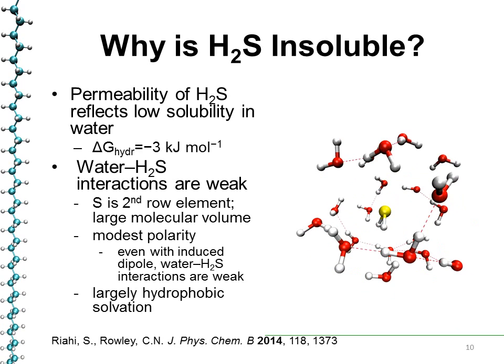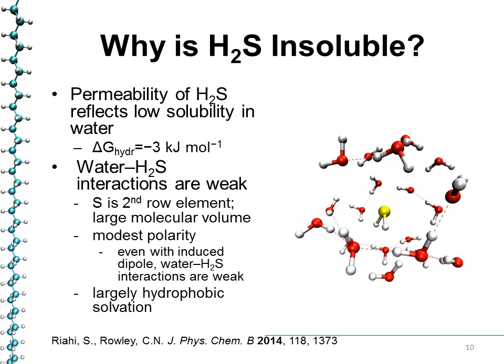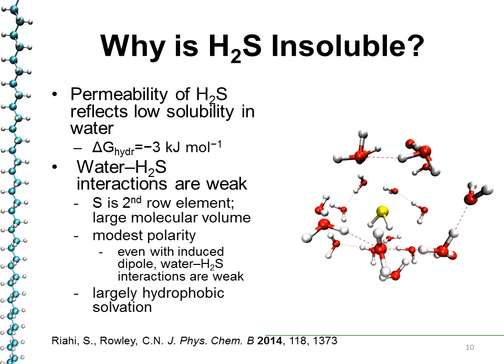This high permeability of hydrogen sulfide can be understood essentially based on its low solubility in water, and it has a really quite weak hydration free energy. We had investigated this in some detail in a previous study by our group published in the Journal of Physical Chemistry B. In that study, we examined the solvation structure of hydrogen sulfide in water, and what we noticed was that there were no very strong or permanent hydrogen bonding interactions between water and hydrogen sulfide.